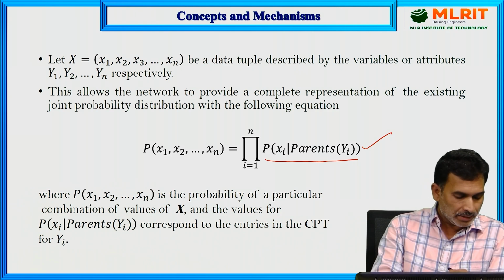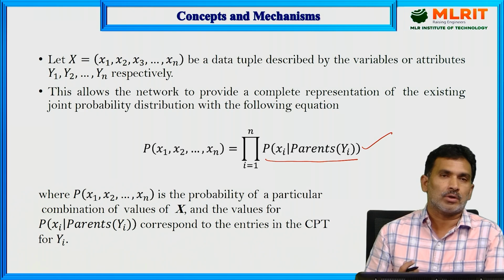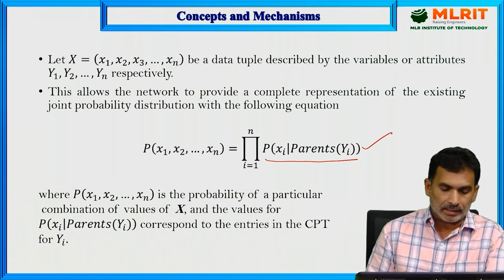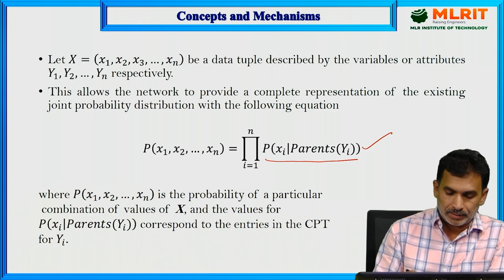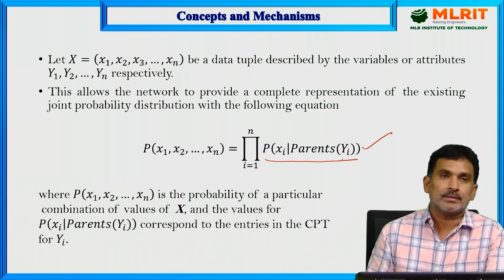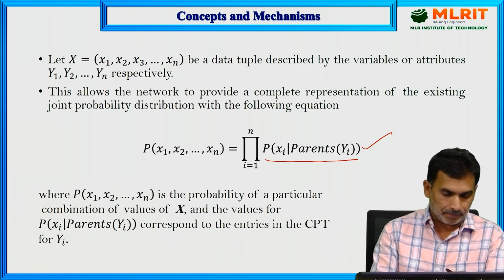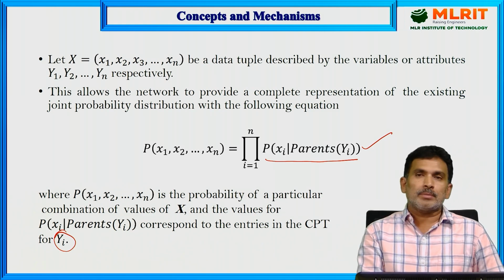Here the probability P of x1, x2 and so on xn is the probability of a particular combination of values of X, where X is a data tuple in any data set, and the values for the probability of xi given parents of yi correspond to the entries in the CPT for yi. So yi is one attribute or variable.